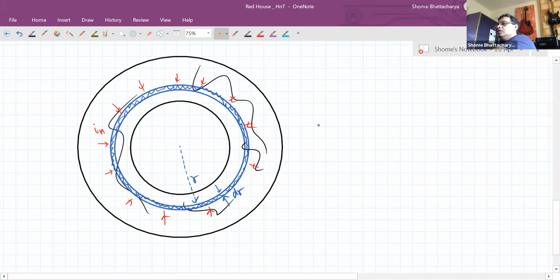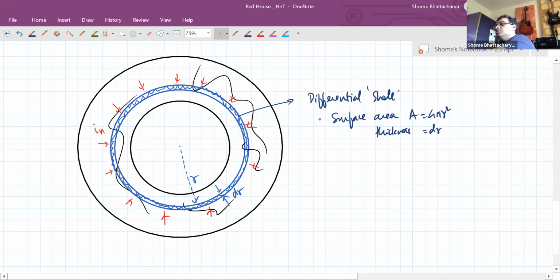Okay. So the differential shell has surface area 4 pi r square and thickness dr. So this differential shell's thermal resistance is going to be dr upon KA, or dr upon 4 pi r square into K. Okay.